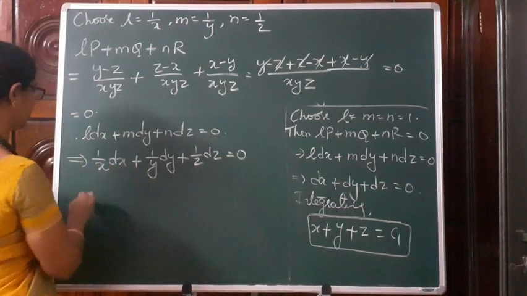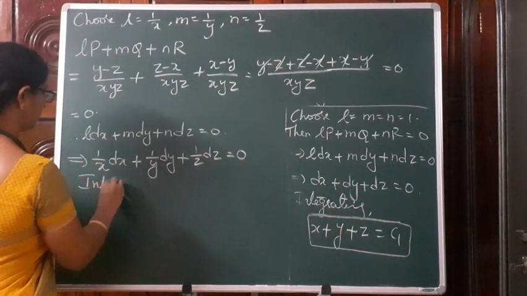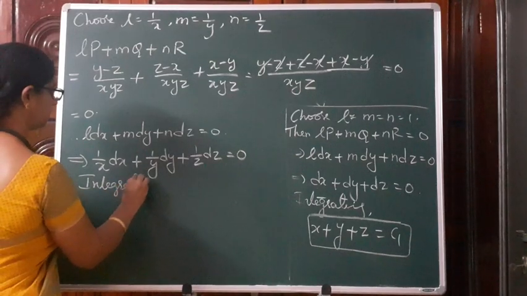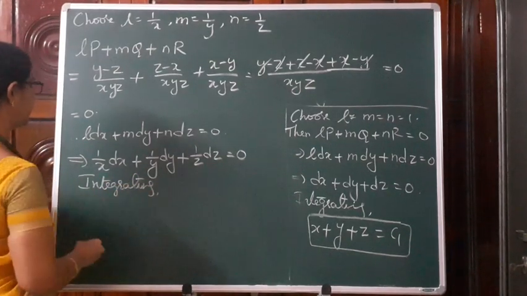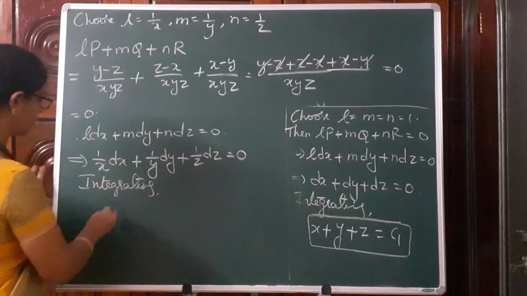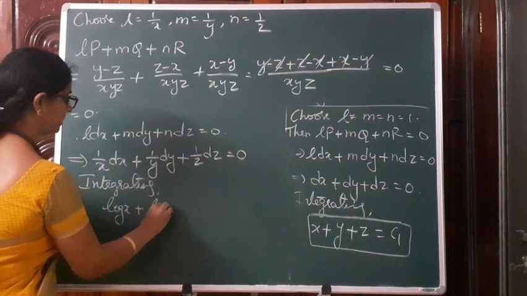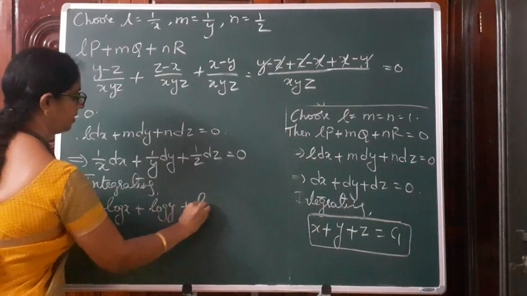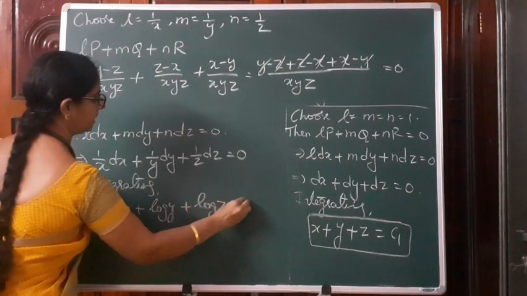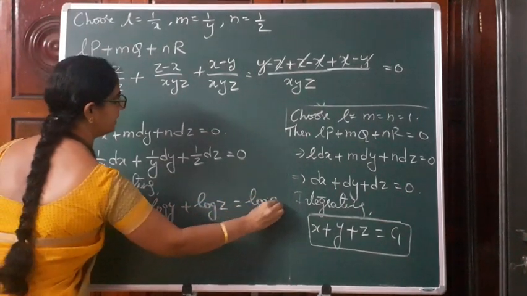Now upon integration, we get integral of 1 by x is log x, plus integral of 1 by y is log y, plus integral of 1 by z is log z, equal to log c2.